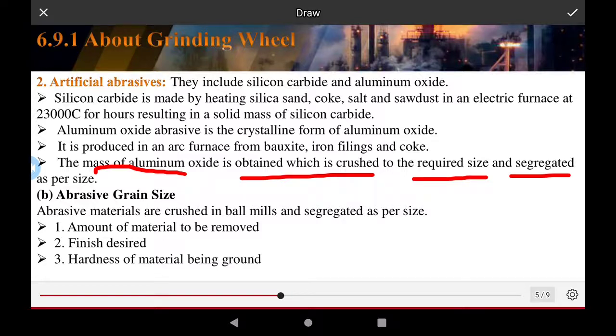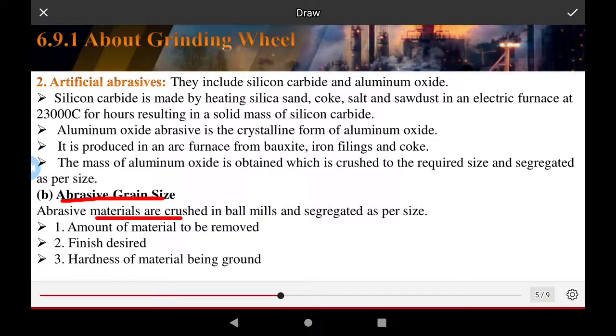Abrasive grain size: abrasive materials are placed in ball mills, depending on the amount of metal to be removed, the finish desired, and the hardness of the material being ground.